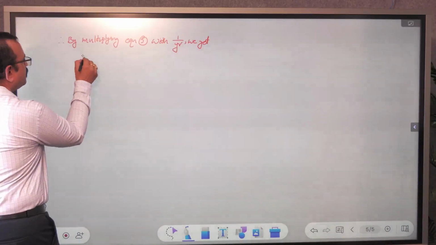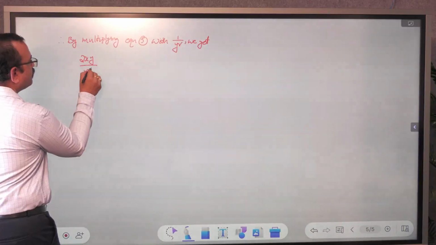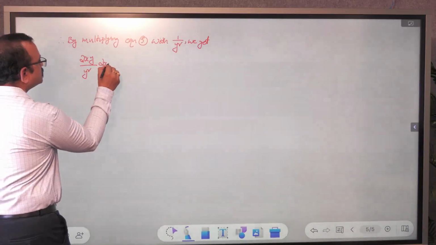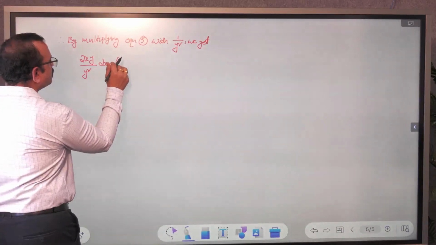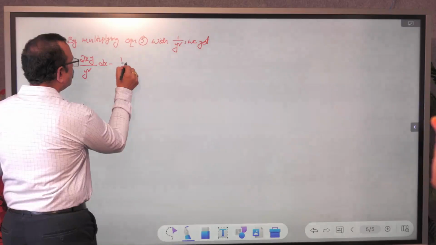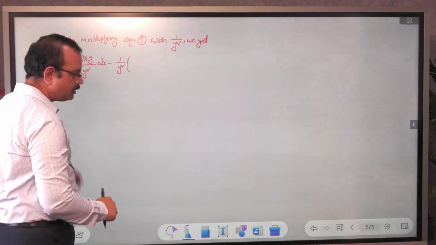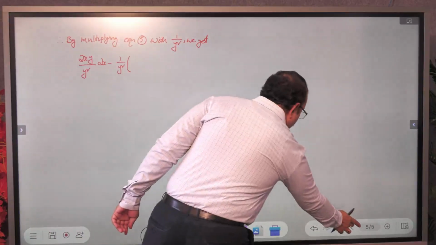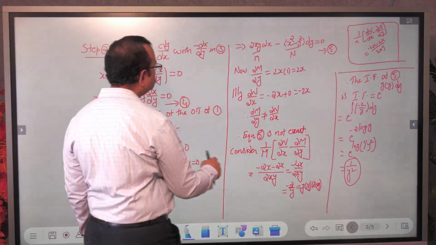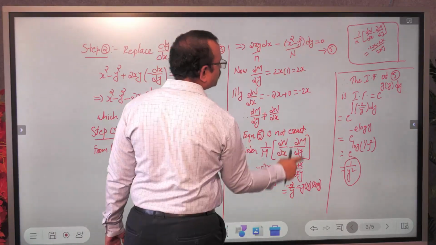Okay, so first we have 2xy by y square dx minus of 1 by y square into, what here we have, we will check it. What is that equation 5 we have here?